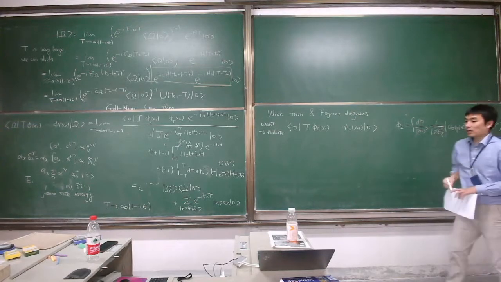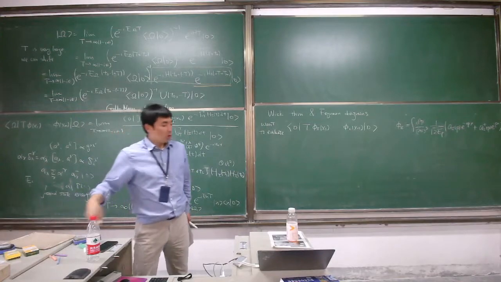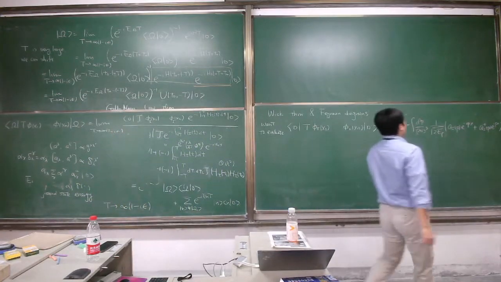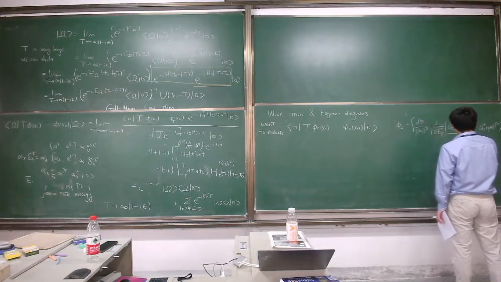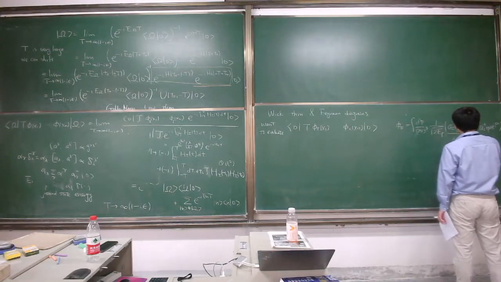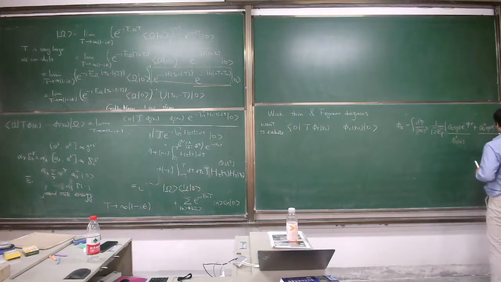Okay. And again, this part, the annihilation operator, we call it phi of x plus. And the creation operator, phi I of minus of x, we call it.